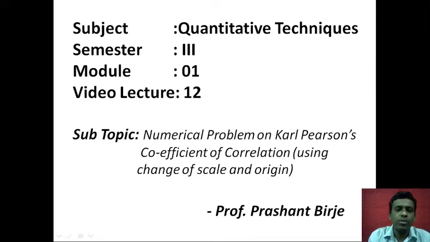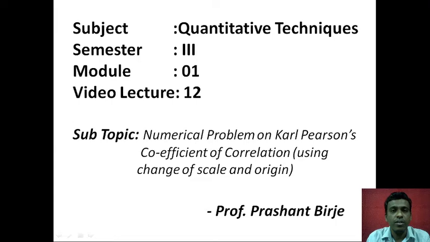As I've told you earlier, change of origin and change of scale can be used when the given numbers are huge. When you multiply two numbers, that is x and y, or you find x square or y square, you will get very big values, and then again you have to find the summation of xy. So again it becomes big values. Sometimes these numbers become so huge that a small accounting calculator may not be helpful for these calculations.